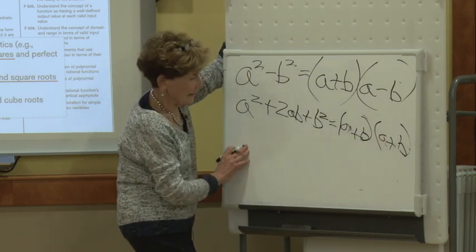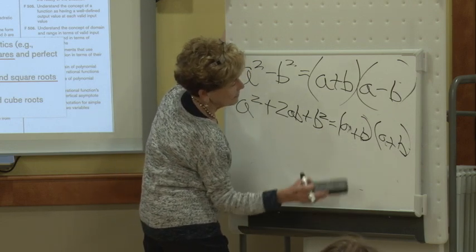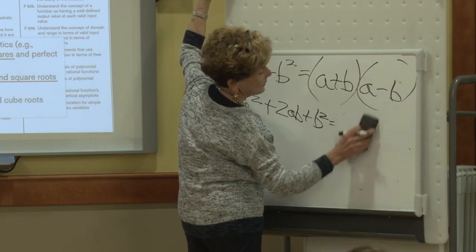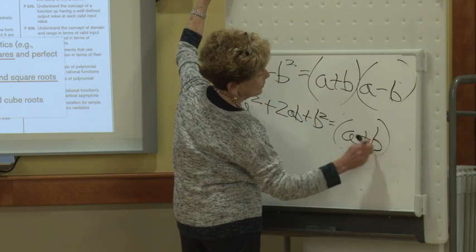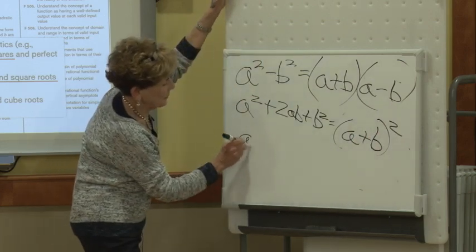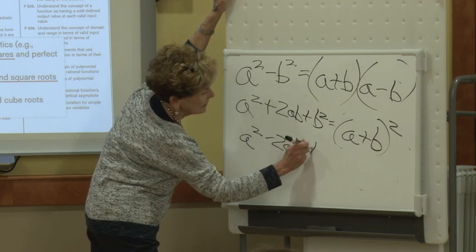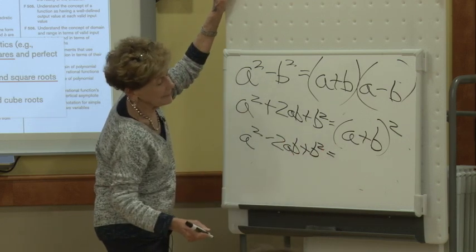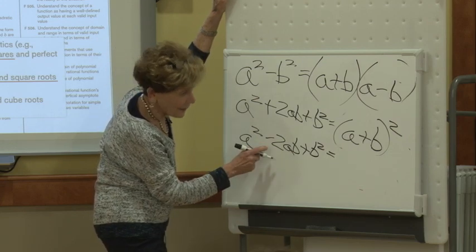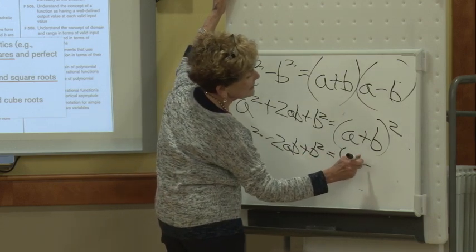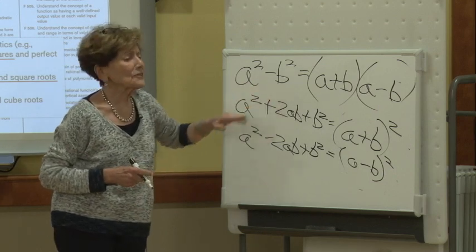This one is A plus B, the quantity squared. And then your other one has to be A minus B, the quantity squared.